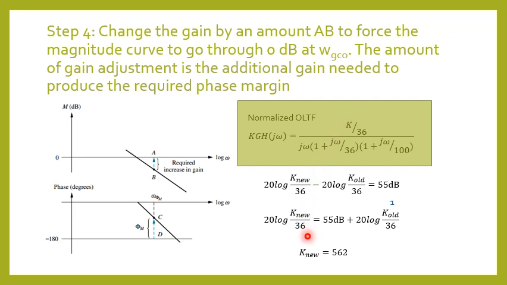So substitute K old to be 1 because I plotted the magnitude plot using K equals 1, and you should get K new equals 562. This is how you can design your transient response using Bode diagram.